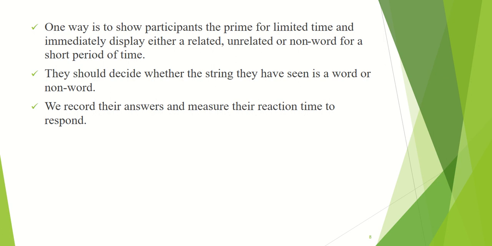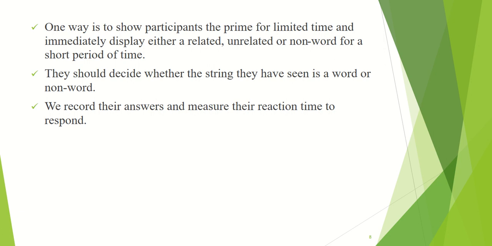One way is to show participants the prime word for a very limited time, and then immediately display either a related, unrelated, or non-word for a short period of time. So they see the prime word for a short time, and then they see the target word.